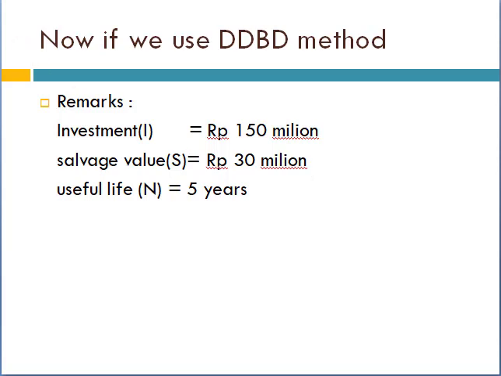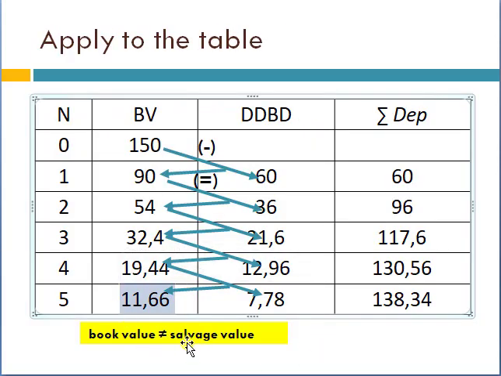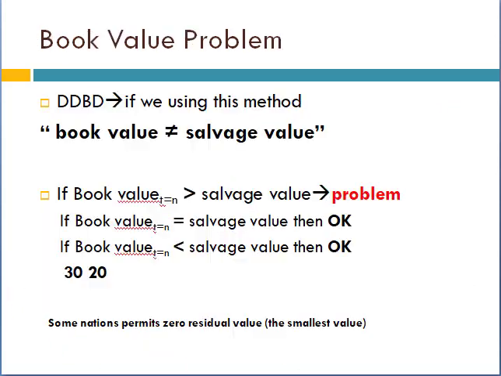It means you can resell your handphone at a higher value, so it's not a problem. But the problem is if you estimate lower than the market, you have to change the formula into another one. So in this case, we can continue to use this because the book value is less than the salvage value.